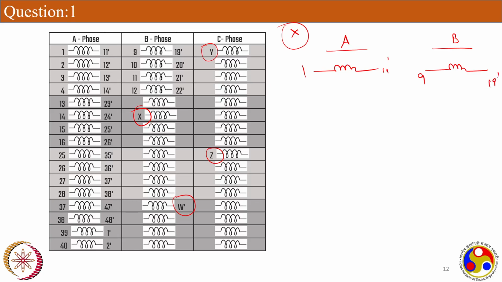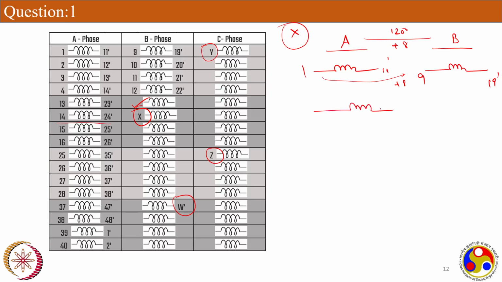Now I know A and B are displaced by 120, so this is 8 slots, that is 120 by 15. So that is what I got, 1 plus 8. To get x, I can just add this 120 phase spread to the A phase.